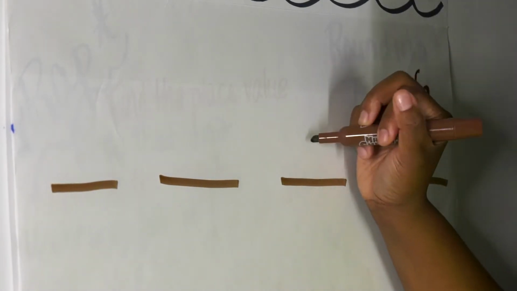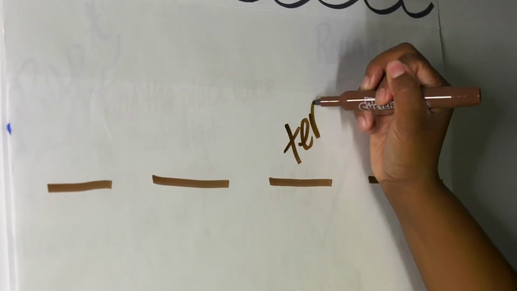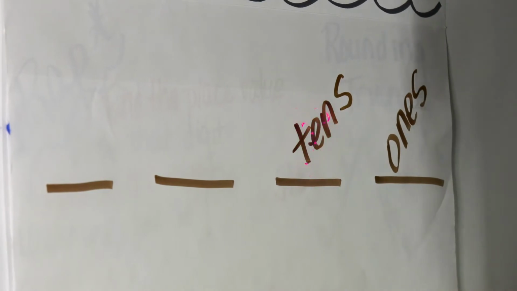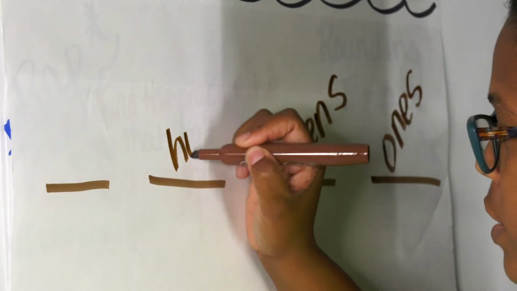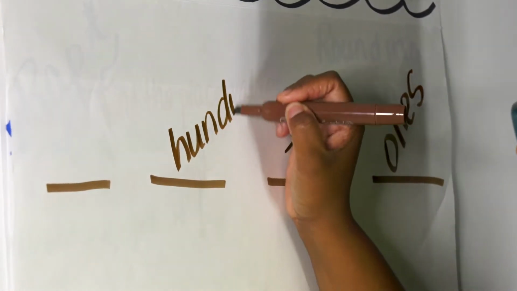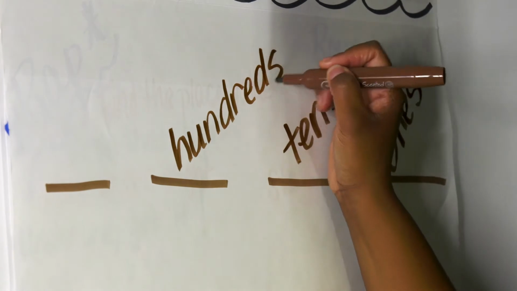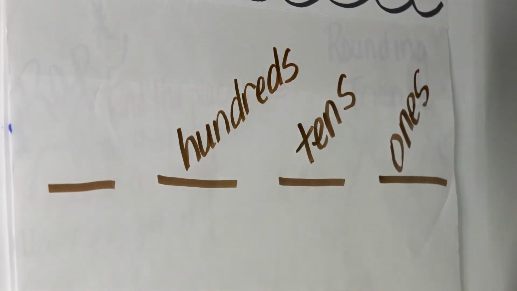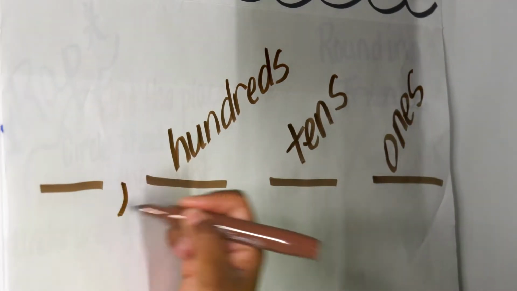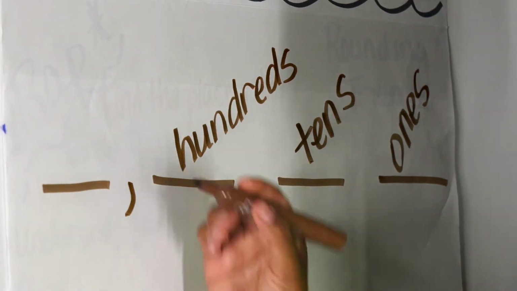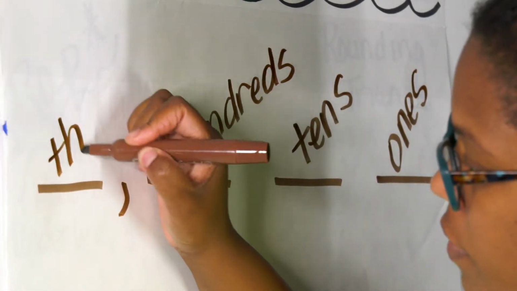The second place value is our tens. The third place value, and if you notice we're moving to the left, is hundreds. And the last one that we're going to practice today, don't forget your comma, is the thousands.